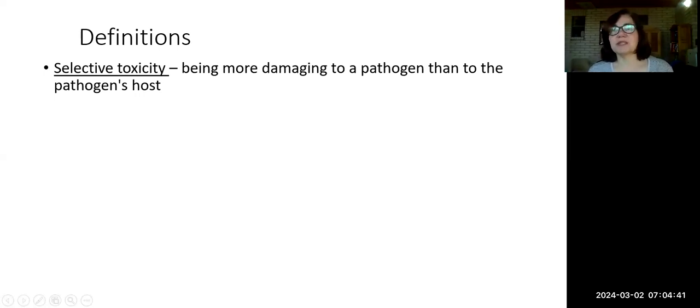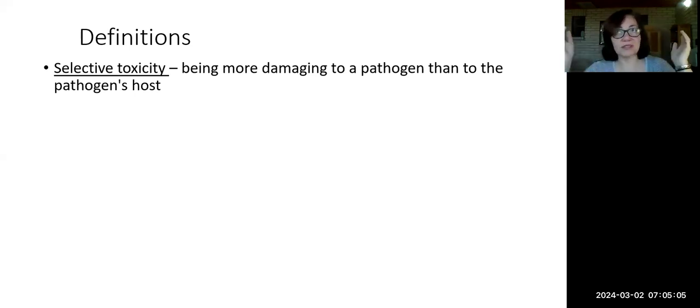Here's the absolute key to understanding how these antimicrobial drugs work: this concept of selective toxicity. It means that we're basically trying to kill the organism that's trying to kill us, or that is having a negative effect on us. The trouble is they're living things.